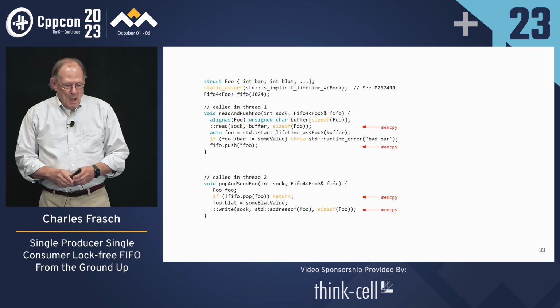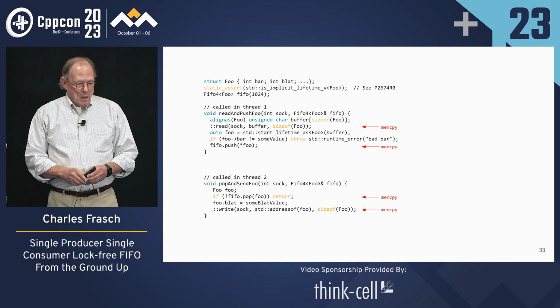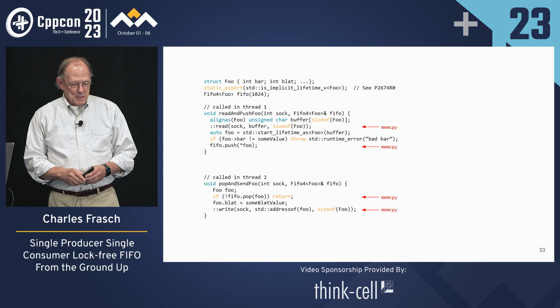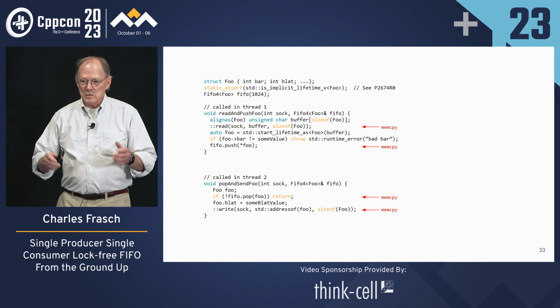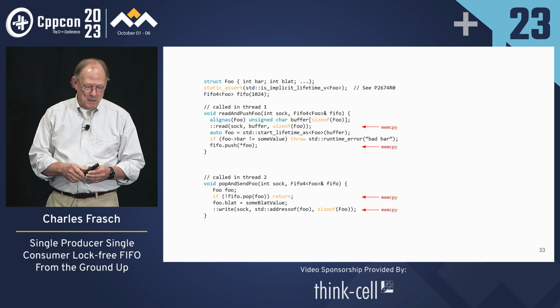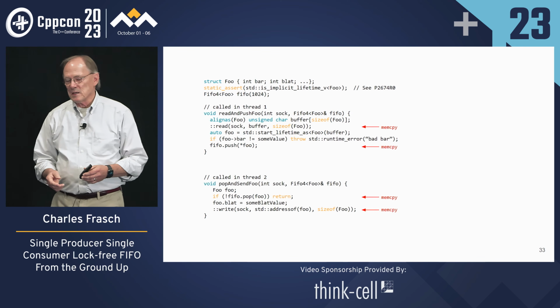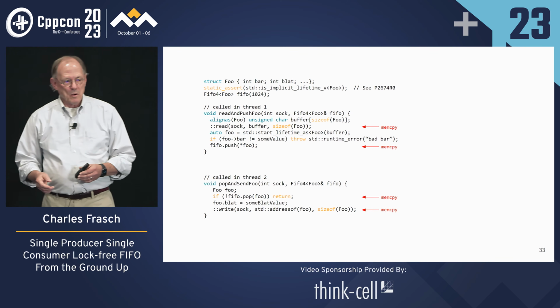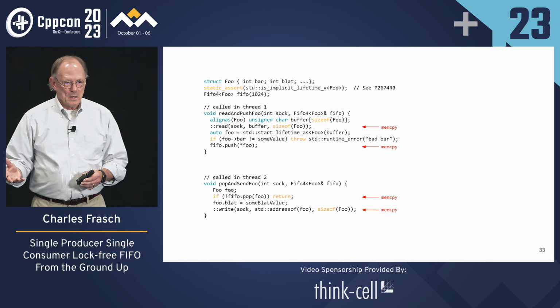So we have our foo at the top. It's got a couple of variables that we'll use in this example. We also want it to be, in this particular case, implicit lifetime, which will allow us to do this legally.